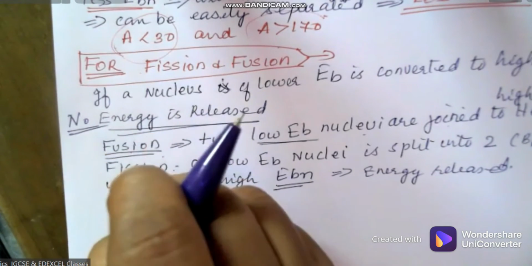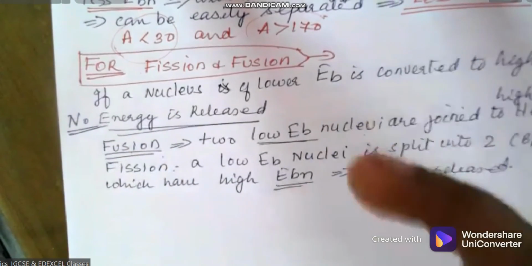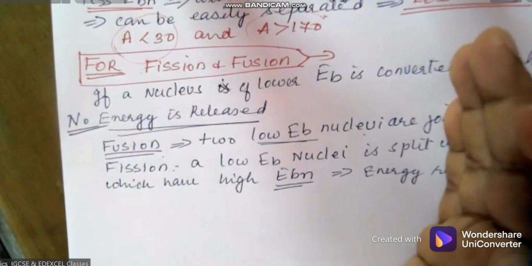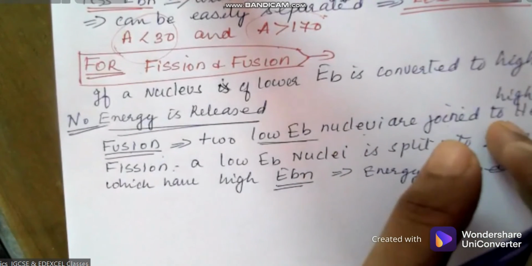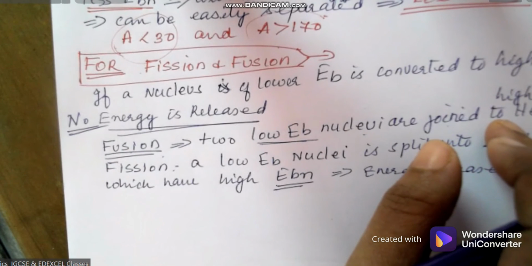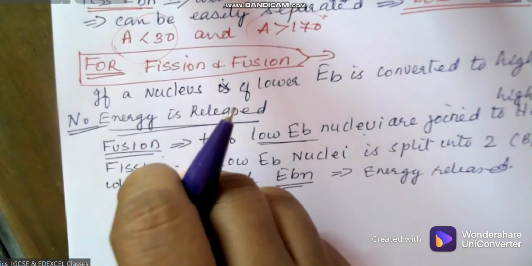So that is how we got two processes: one is fission, the other is fusion. Fission means splitting. Big things are easy to split. Therefore, uranium can be easily split to form barium and krypton, releasing a large amount of energy. Similarly, hydrogen has low binding energy.